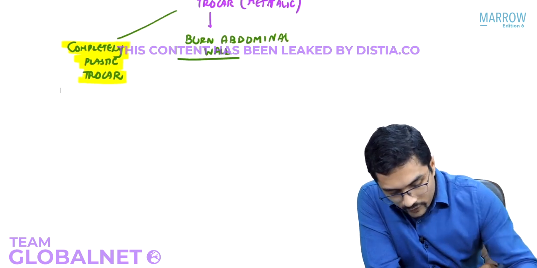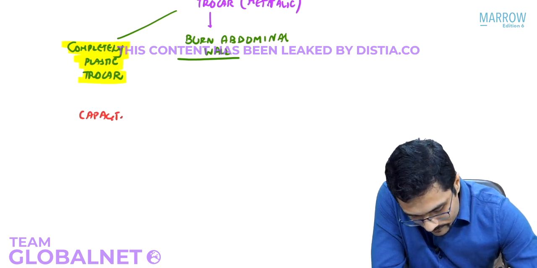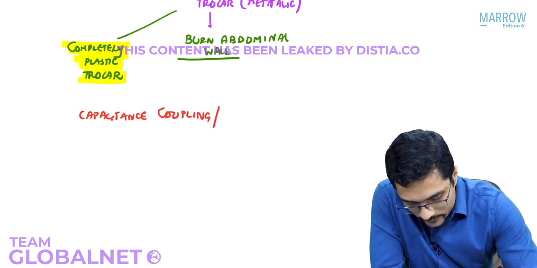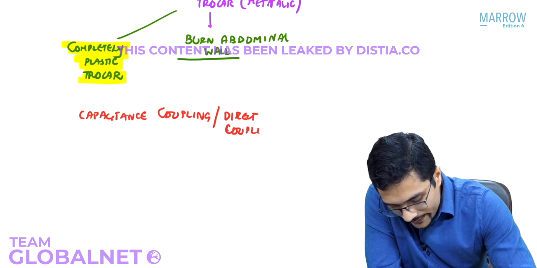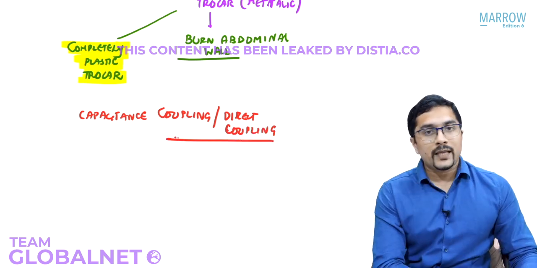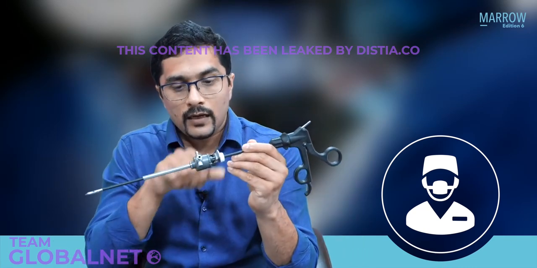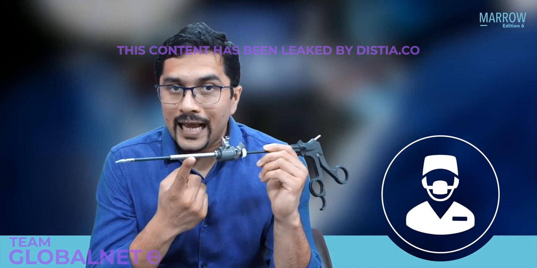Now, another type of capacitance injury is known as capacitance coupling, or direct coupling. What does this mean? We've discussed that our instrument's insulation is broken off, and we're using a metallic trocar.